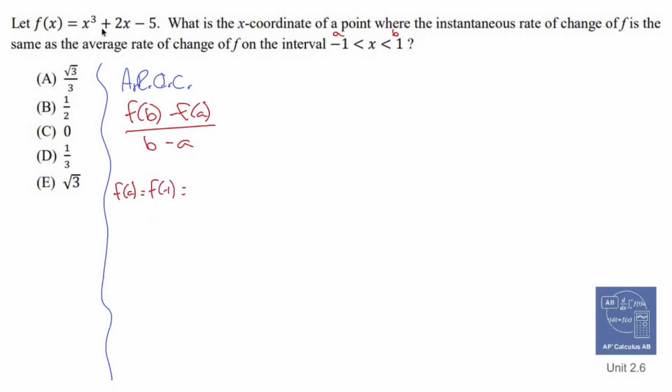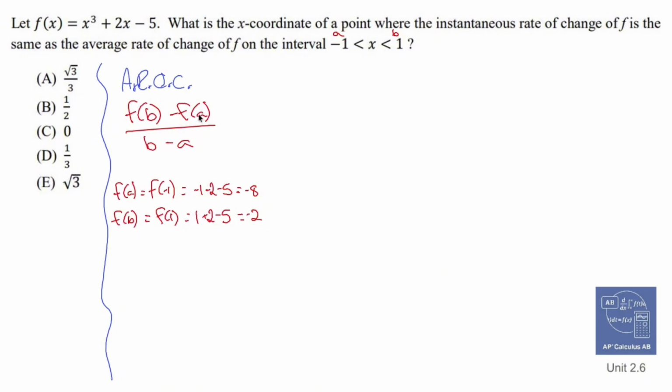That would be negative 1 cubed, which is negative 1, plus 2 times negative 1, so minus 2, minus 5. So that gets you negative 8. f of b, which is f of 1, is going to equal 1 cubed, which is 1, plus 2 times 1, which is plus 2, minus 5, and that's going to be negative 2.